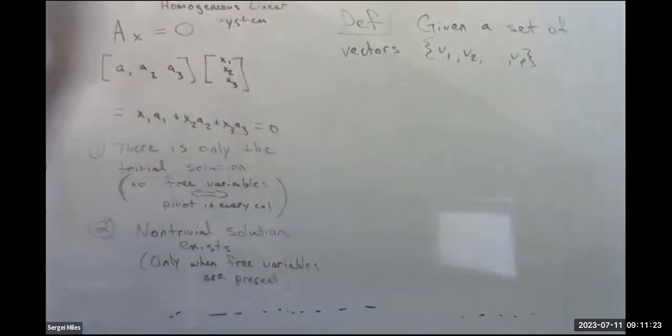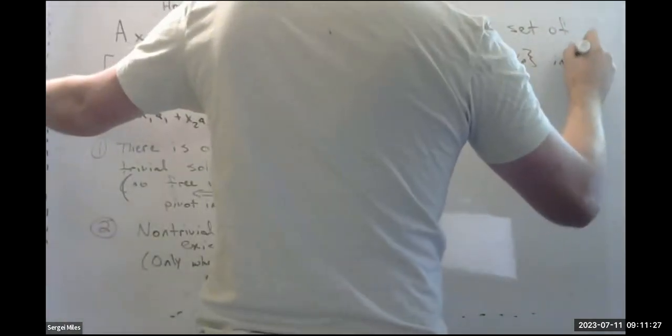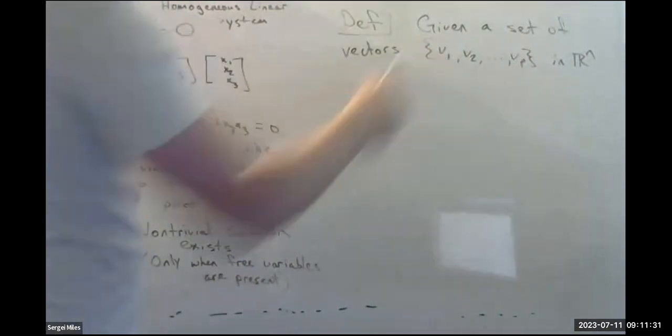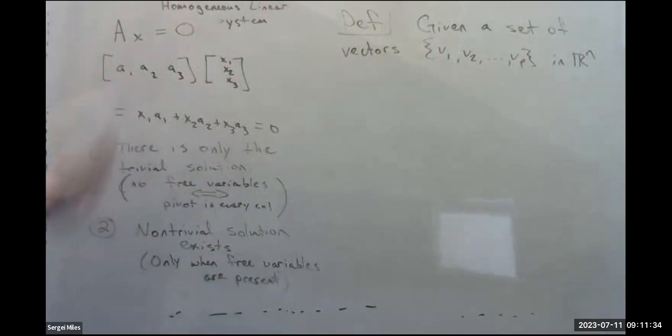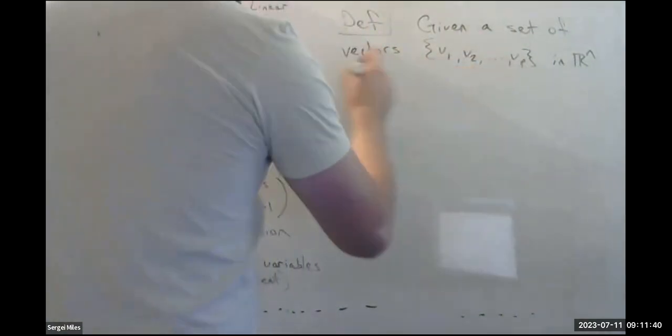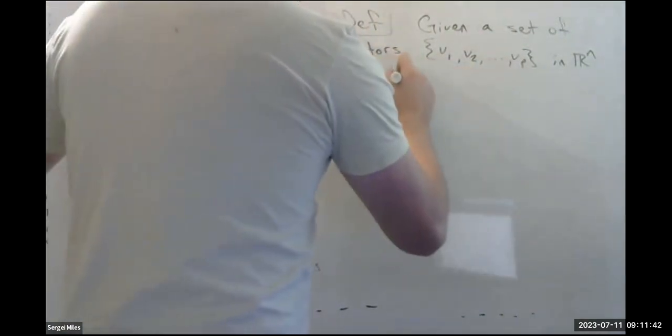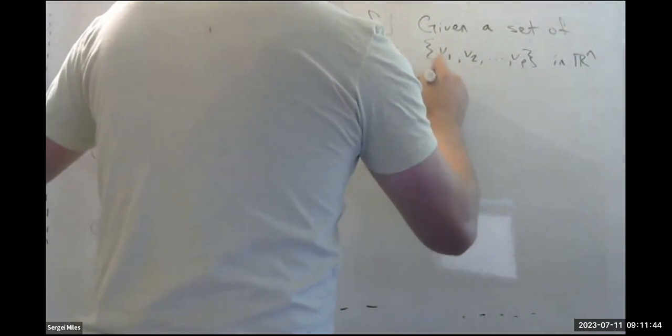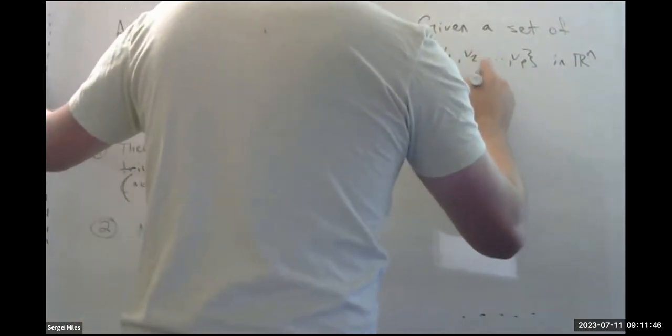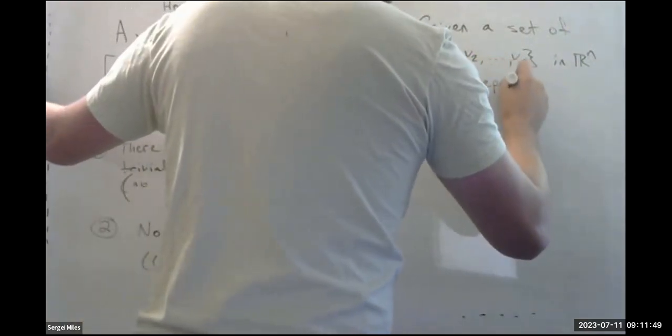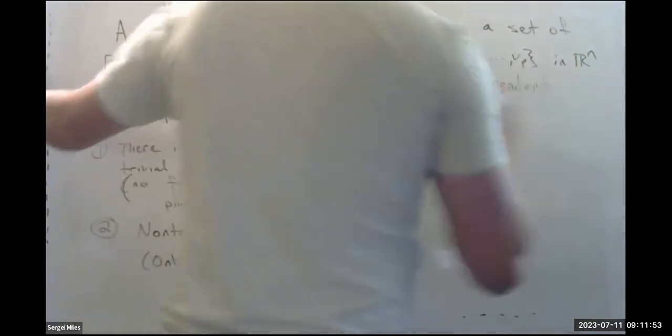So I have a p number of vectors in Rn. Again, what does that mean? That means each vector is a column vector with n entries, where each entry is a real number. Okay, we're going to say the set of vectors is linearly independent.